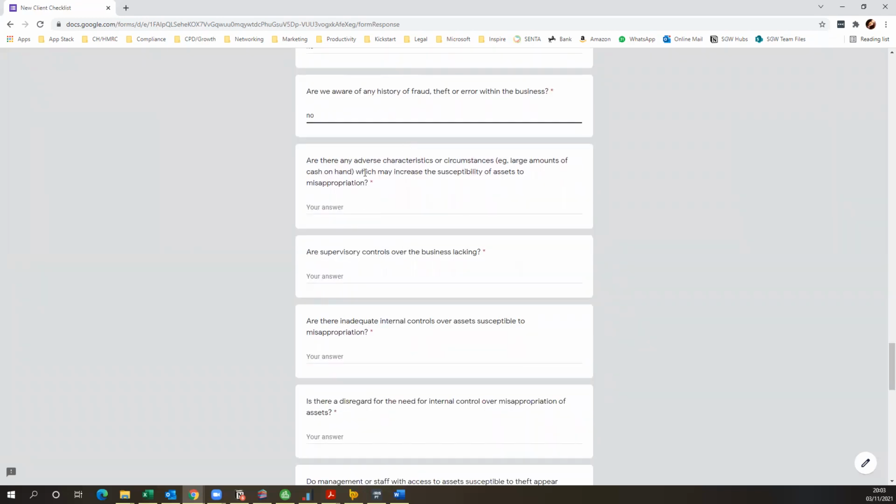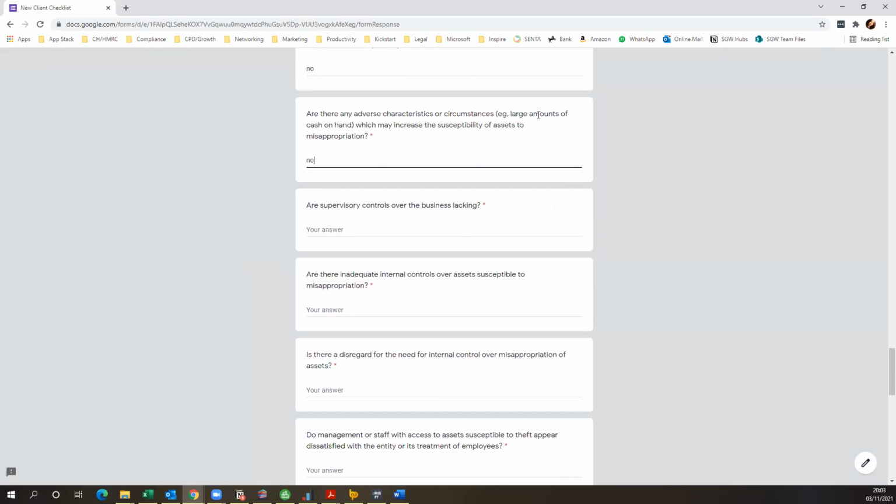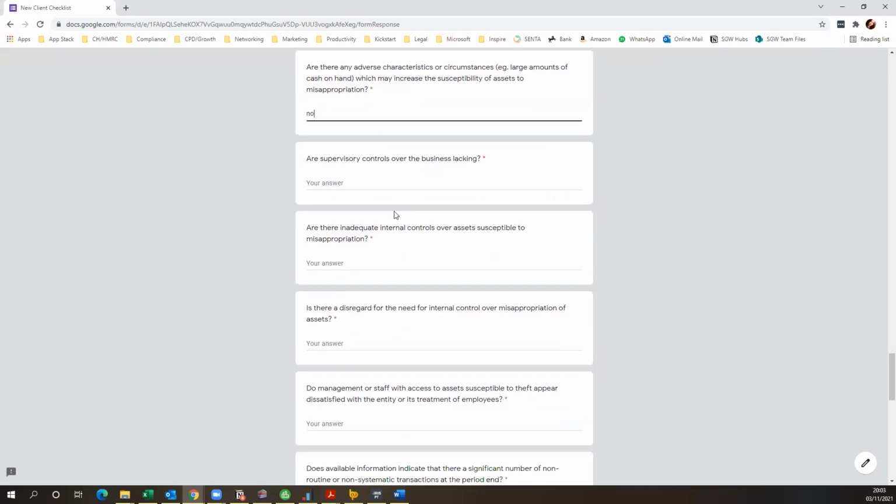Are there any adverse characteristics or circumstances, e.g. large amounts of cash on hand, which may increase the susceptibility of assets to misappropriation? So just being aware, have a look around if the client's got premises, just see if there's anything that piques your interest that might be relevant here.